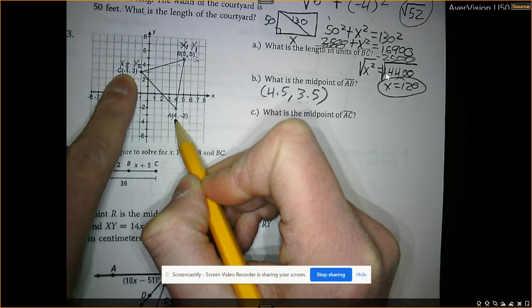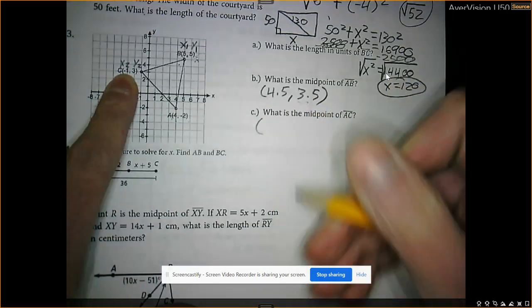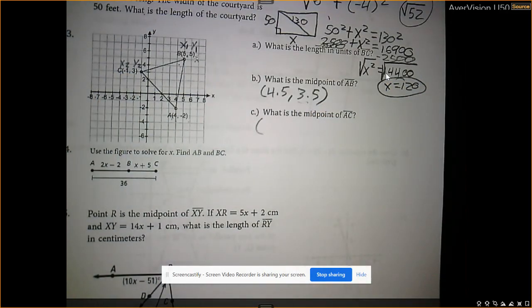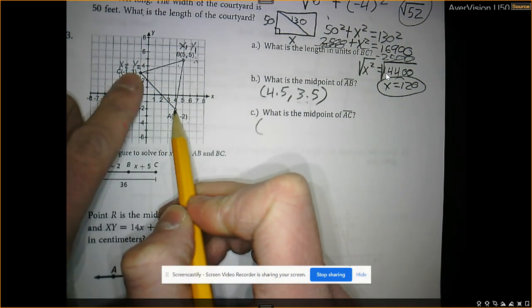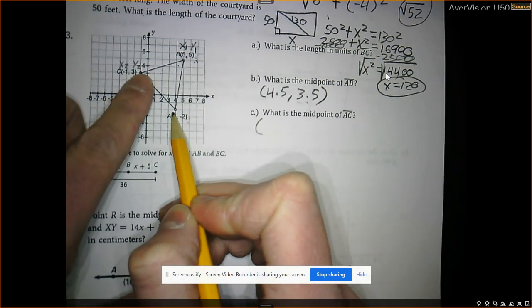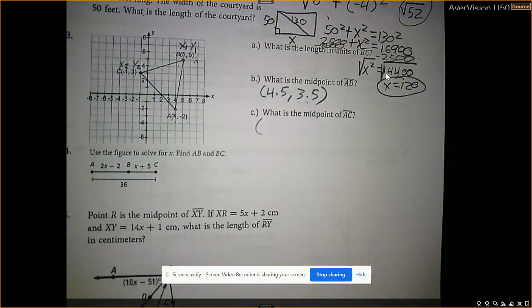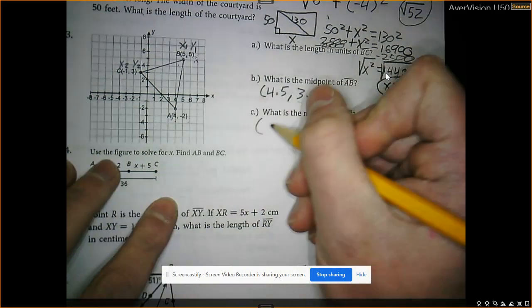Sorry, that's a bad way of explaining it. Okay, 4 and -1 are what we have. You're averaging them, so 4 plus -1 is 3. Divide 3 by 2, that's 1.5. Good.